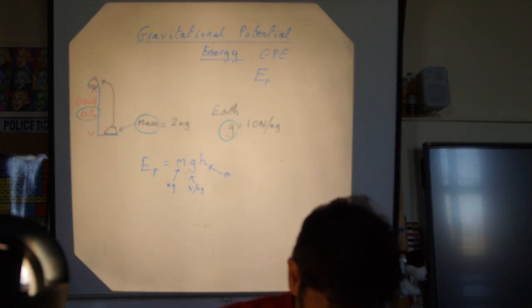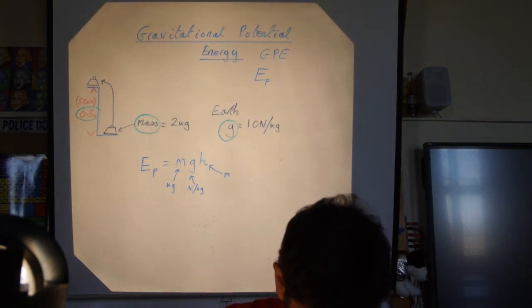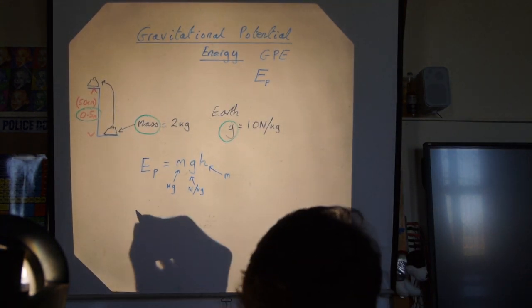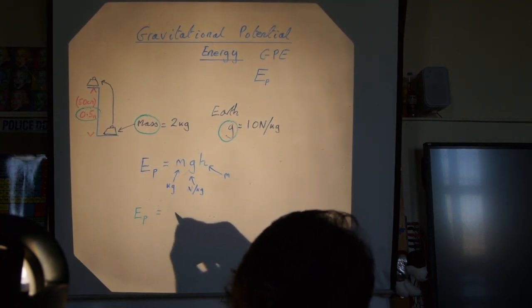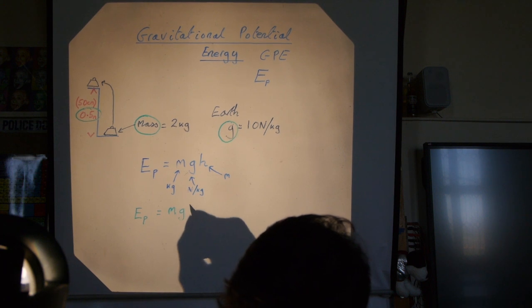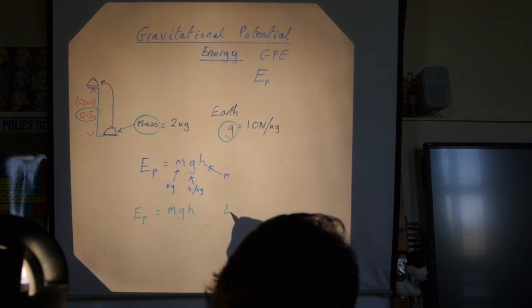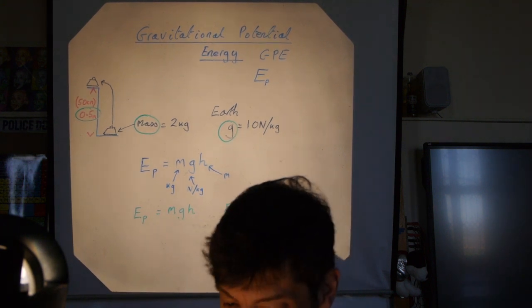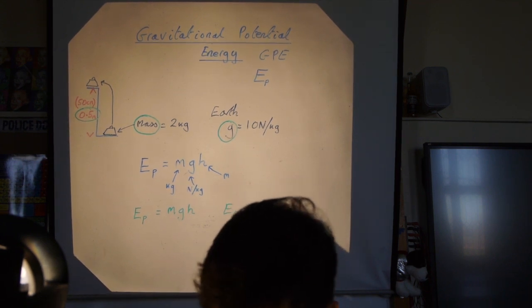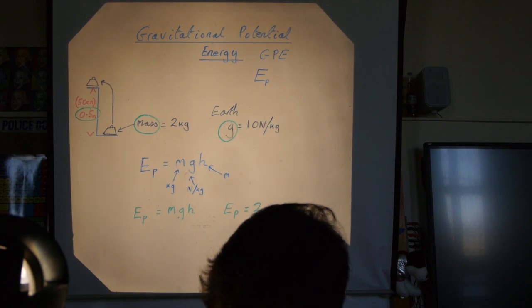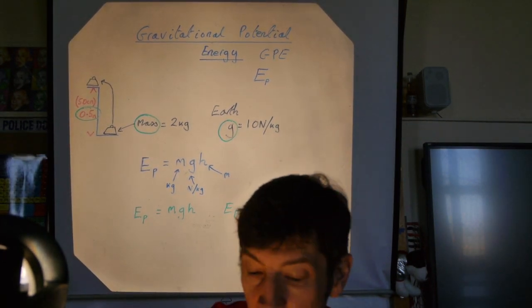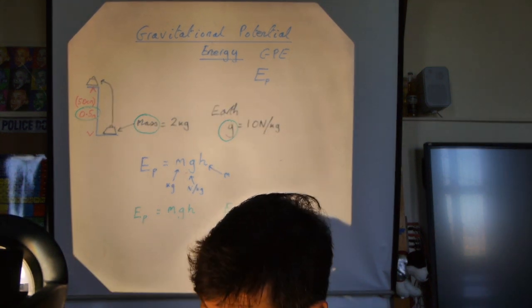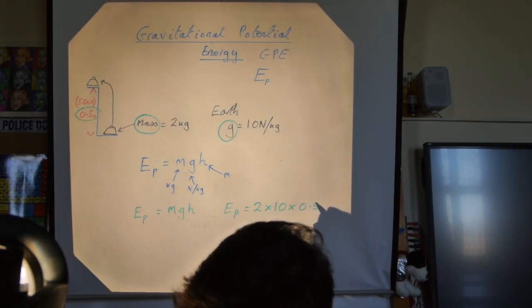So let's do this one quickly. I'll change colour. The energy gained by this one, the potential energy gained, will be mgh. So the energy that this small object gains is equal to its mass, which is 2 kilograms, times the gravitational field strength, 10, times the vertical height that we raise it through, 0.5.